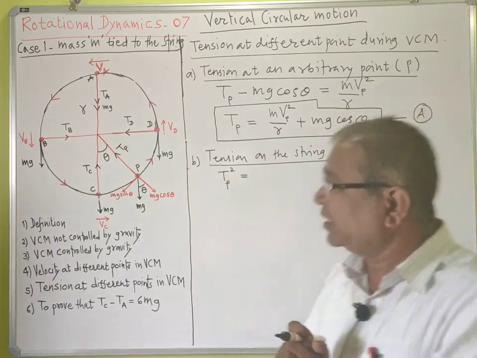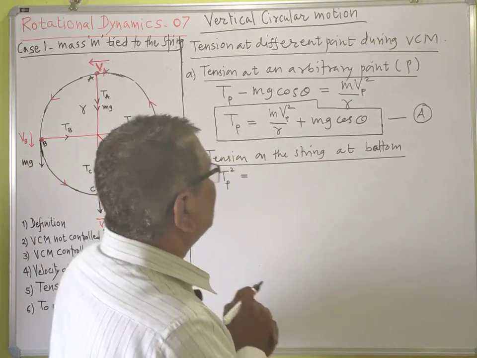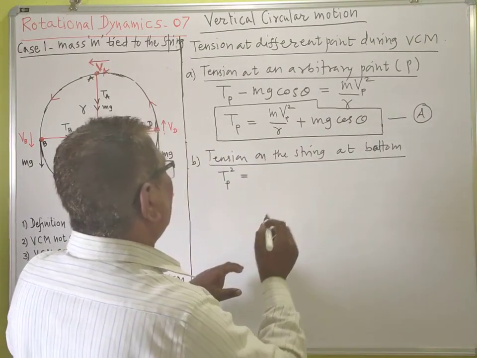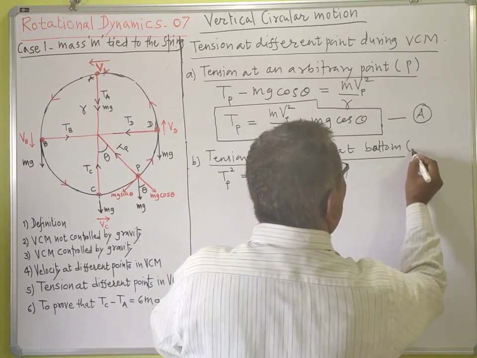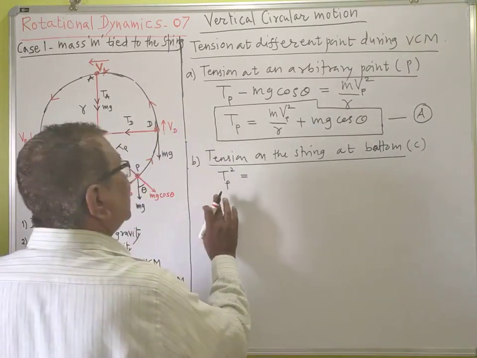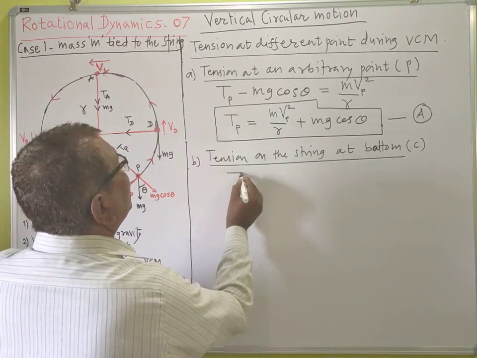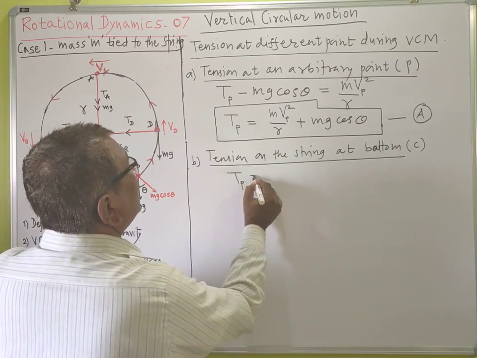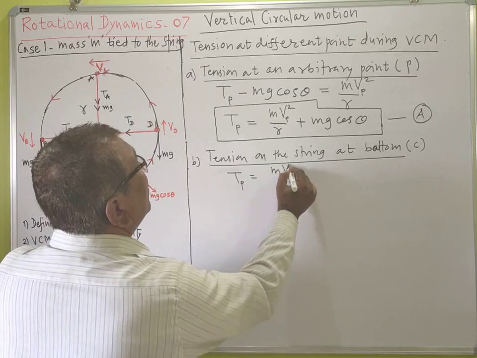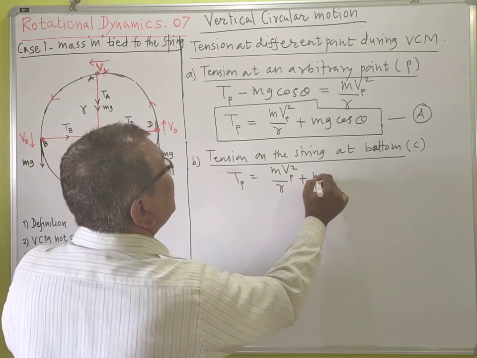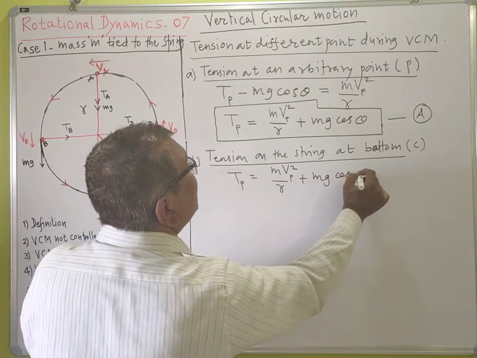So see here, tension on the string at bottom C. I will write the general formula. What is our general formula? Our general formula is Tp is equal to mvp square upon r plus mg cos theta.